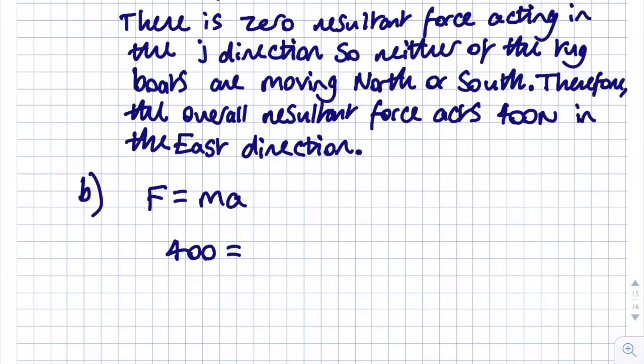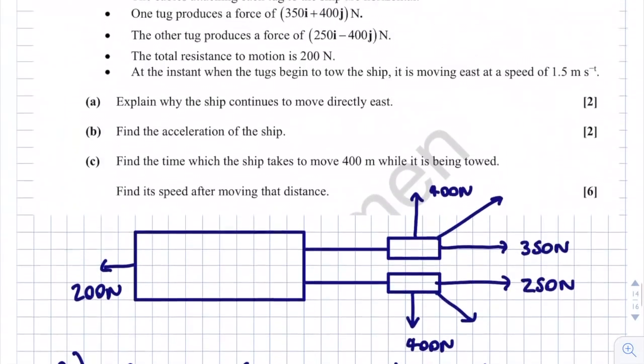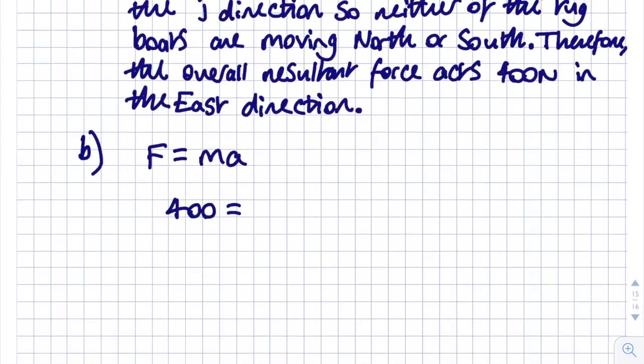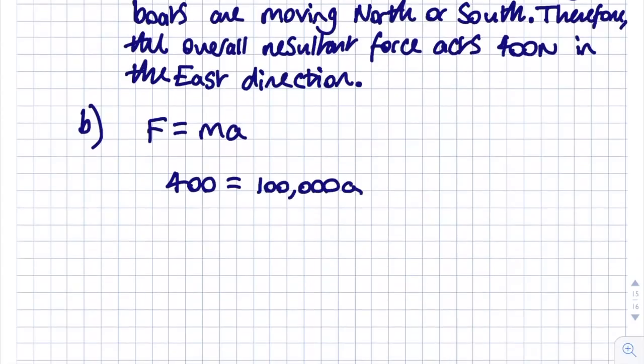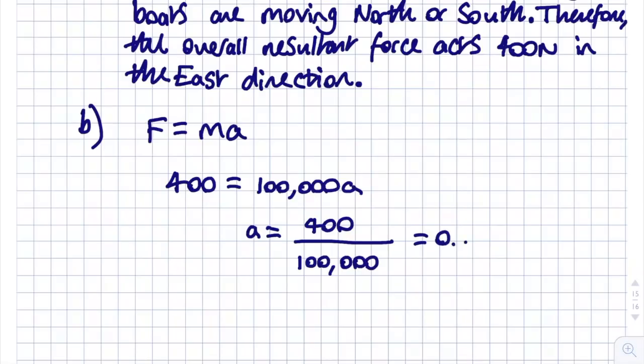That's equal to our mass, which we're told in the question is 100,000 kilograms, and then multiply by A. So we can rearrange to find A. So A is 400 over 100,000, and this simplifies to 0.004 meters per second squared.